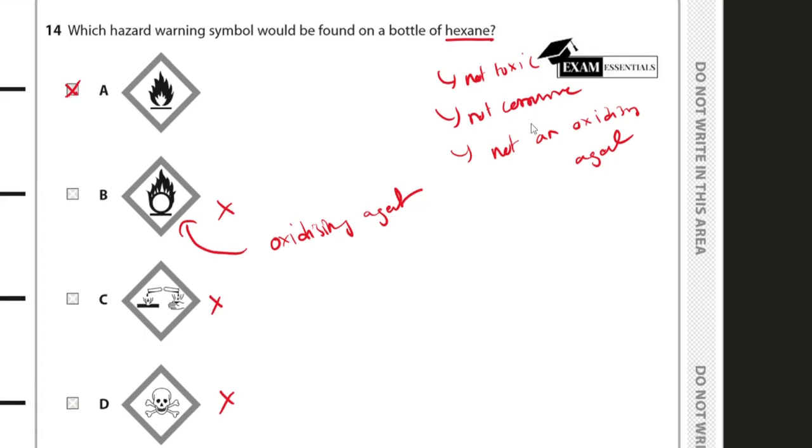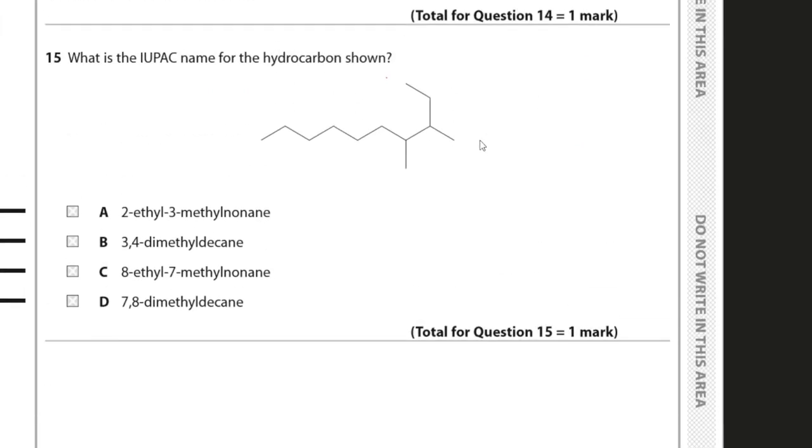Moving on to the next one, what is the IUPAC name for the hydrocarbon shown? Whenever we try to name a compound, first things first, we try to identify the longest hydrocarbon chain.